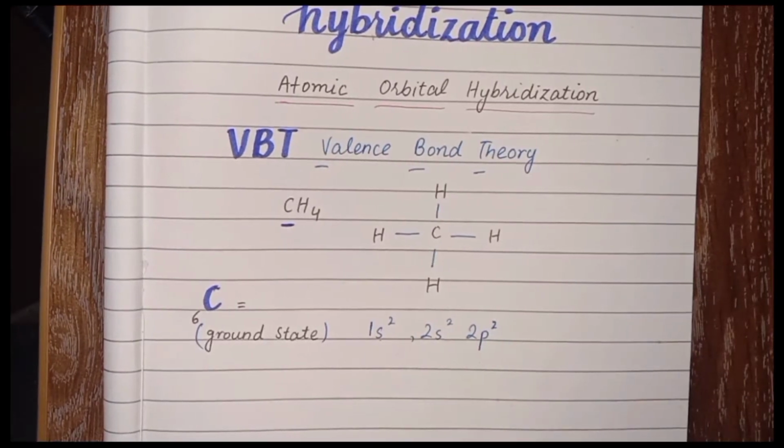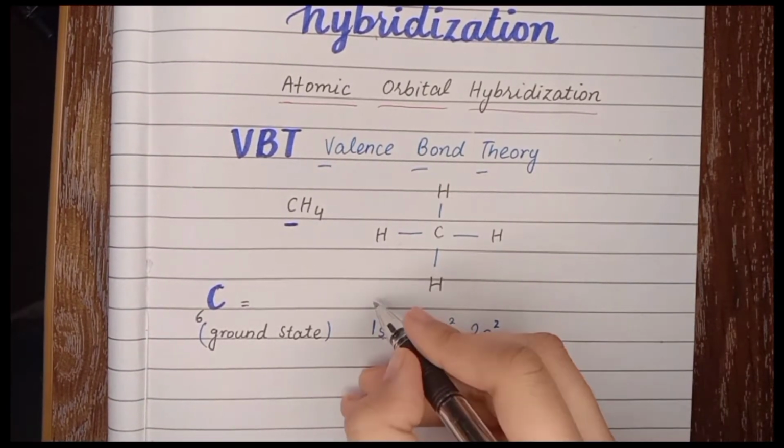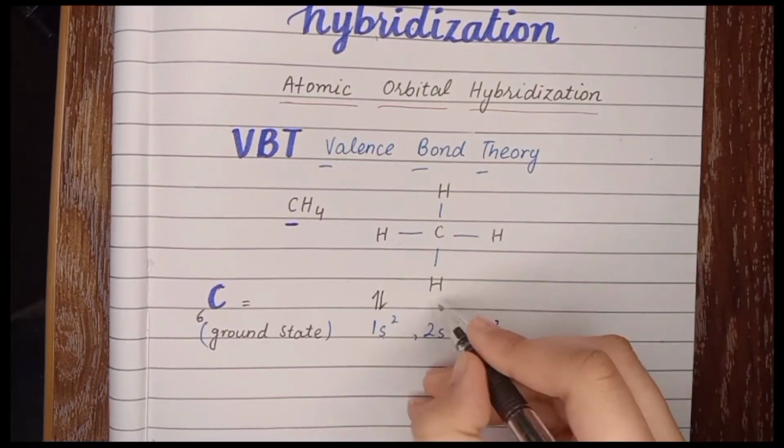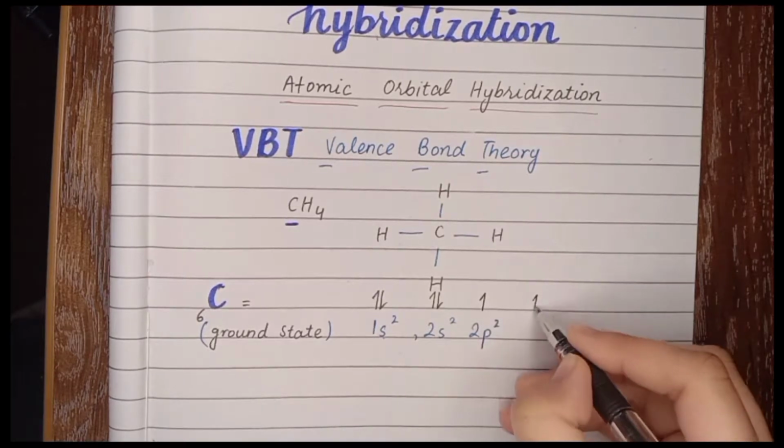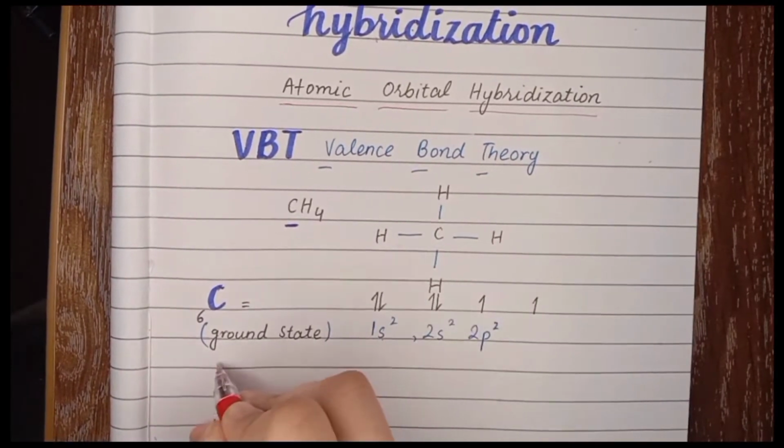That means 1s2 has 2 electrons, 2s2 has 2 electrons, and 2p2 has 2 electrons, one in 2px and the other in 2py.